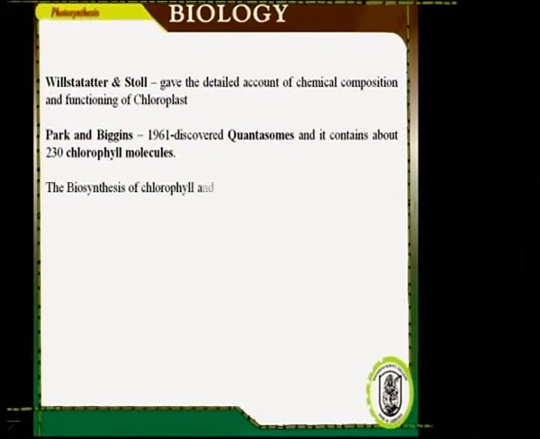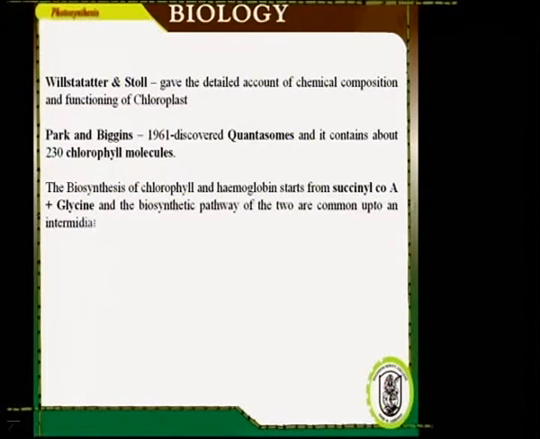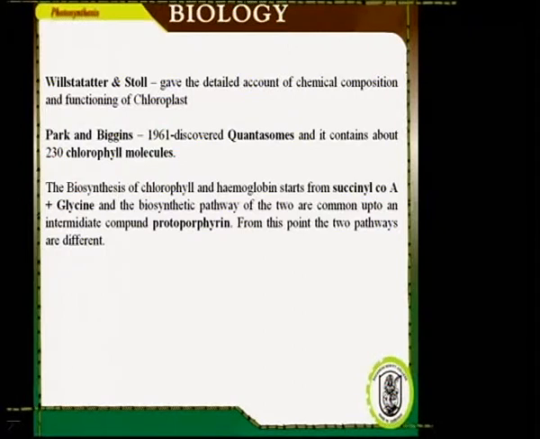Now here I would like to add that the biosynthesis of chlorophyll and hemoglobin starts from the raw materials succinyl coenzyme A plus glycine, and the biosynthetic pathways of the two are common up to an intermediate compound called protoporphyrin.